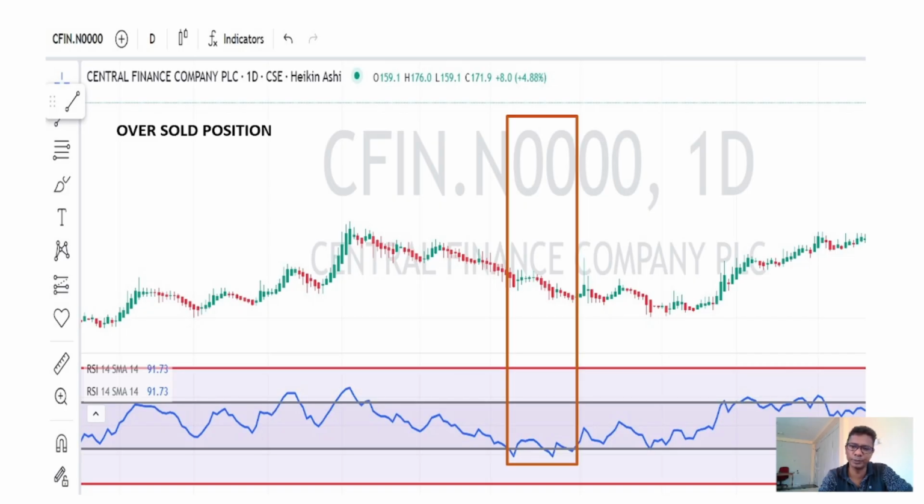Now I am taking you to an oversold position in RSI. In most cases, people place their orders thinking of a reversal. But here, the trend continues downward, though it's in an oversold position. I am taking another scenario.